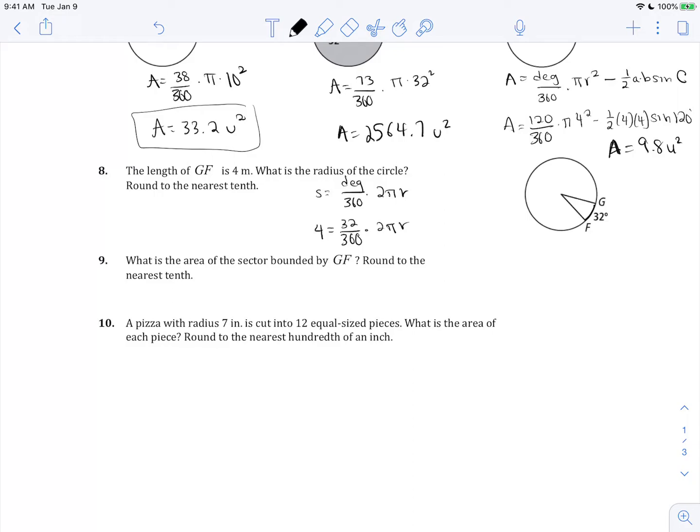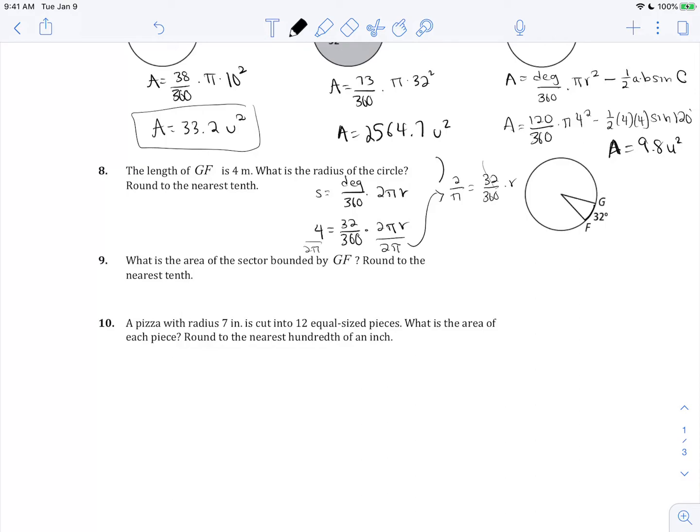Well, to solve this, I'm going to start by dividing by 2 pi on both sides. When I divide by 2 pi, that 4 over 2 fraction reduces to 2 over pi, equals 32 over 360 times r, right? Next, I'm going to multiply by the reciprocal fraction to get rid of this fraction here.